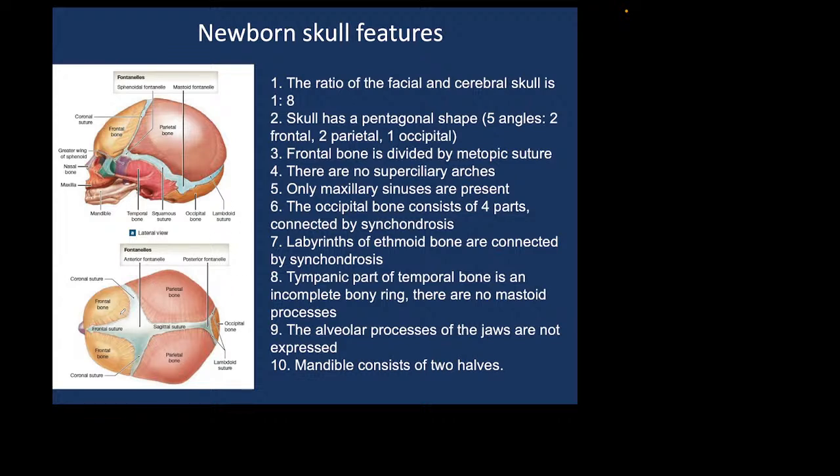The next feature is that the frontal bone is divided by the metopic suture. Here is a gap between two parts of the frontal bone, and we call it the metopic suture.